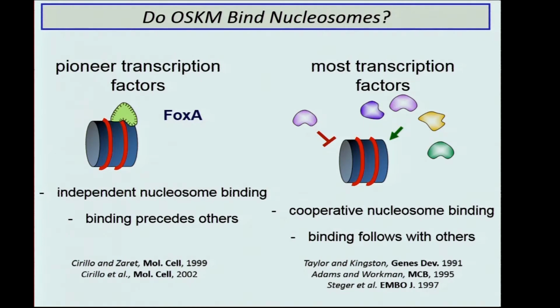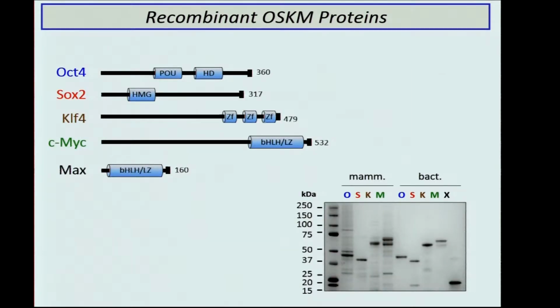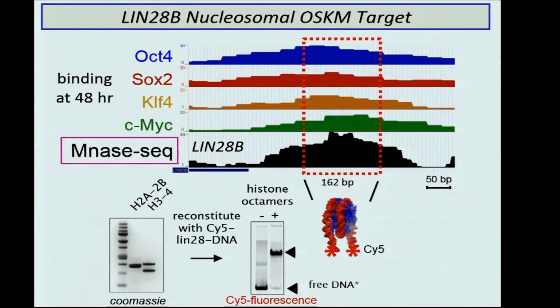To address whether the OSKM factors follow this way or this way in order to target their genes, we purified these full-length proteins from both mammalian and bacterial cells, and then reconstituted nucleosomes on a piece of DNA that we know in cells, as mapped by MNase-seq, contains a nucleosome, and is also targeted by all 4 transcription factors at 48 hours.